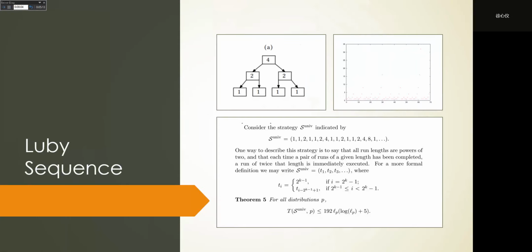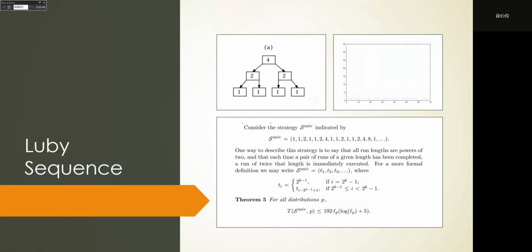And the second part of the paper, which is used by the adaptive restart paper, deals with a distribution too complex to know. It gives a universal strategy using the same sequence as before.